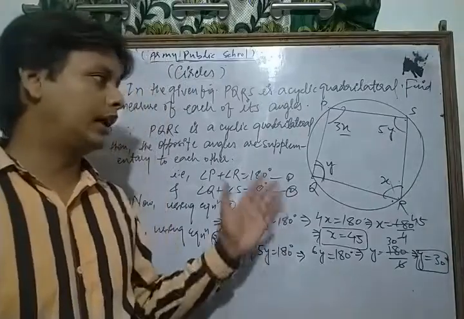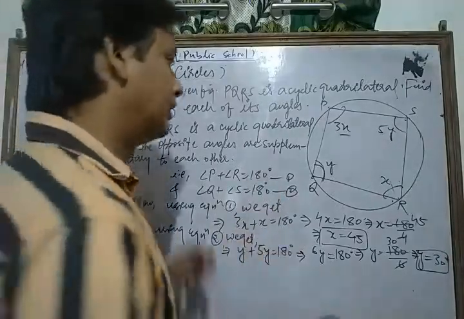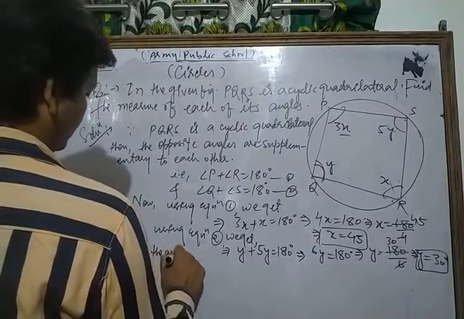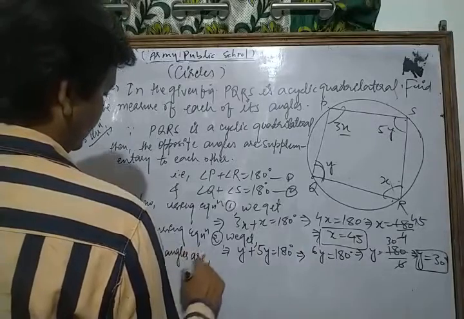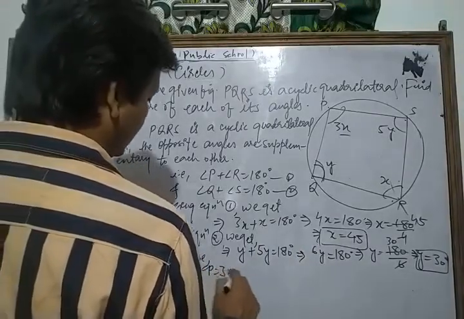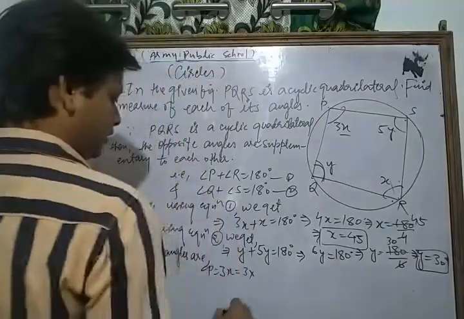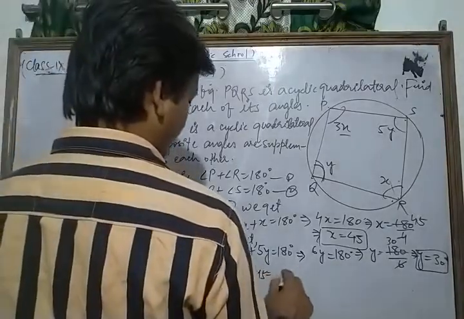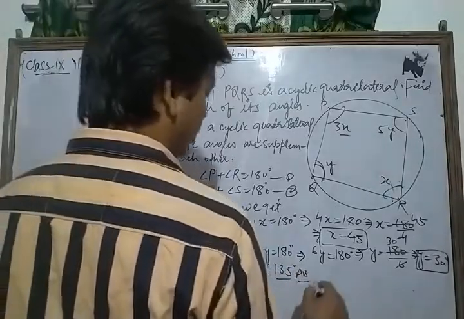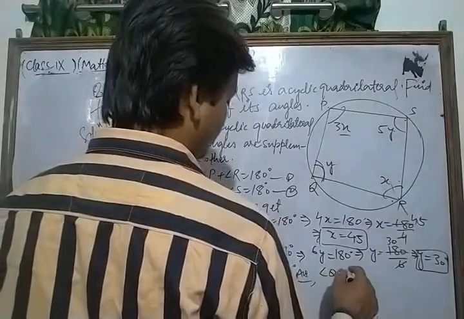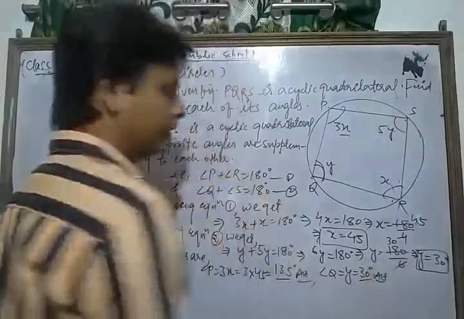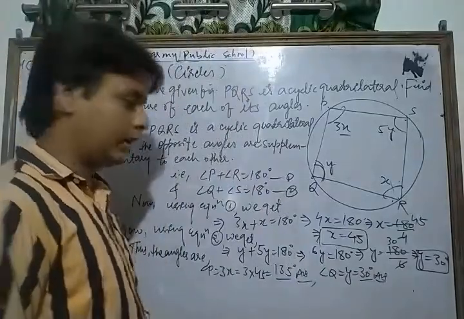Thus the angles are: angle P is 3x, so 3 into 45 is 135 degrees. This is the first answer. Now angle Q is y, the value of y is 30, so this is 30 degrees.